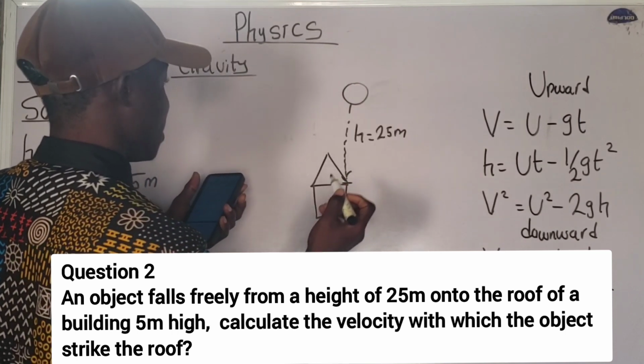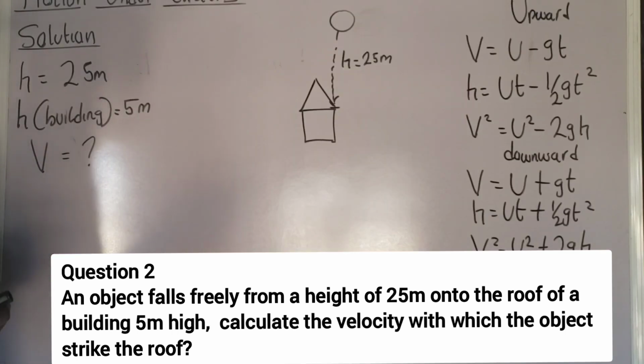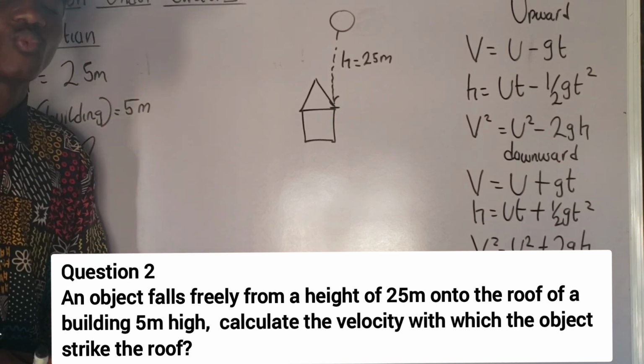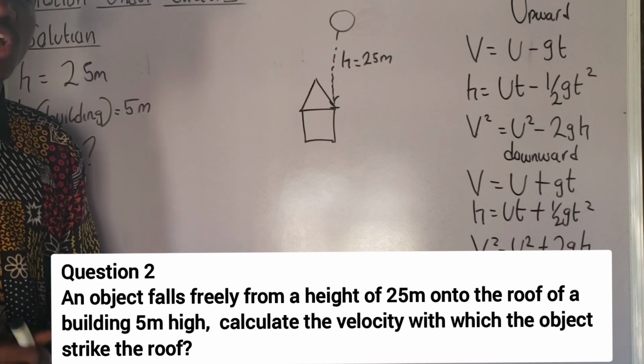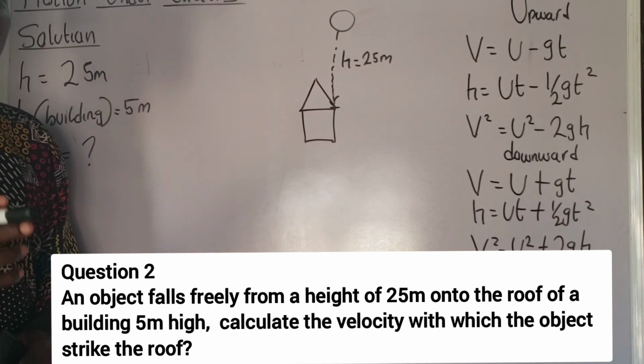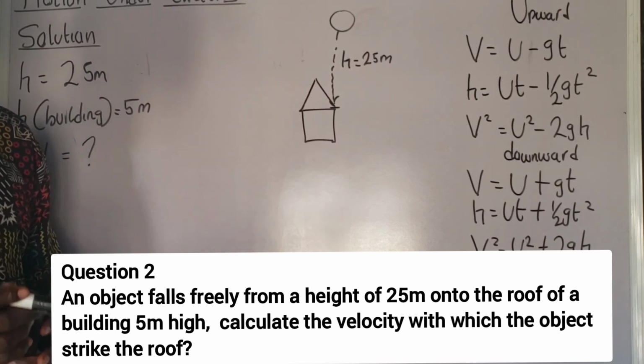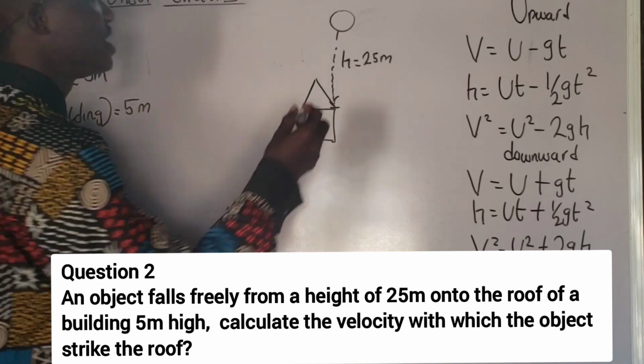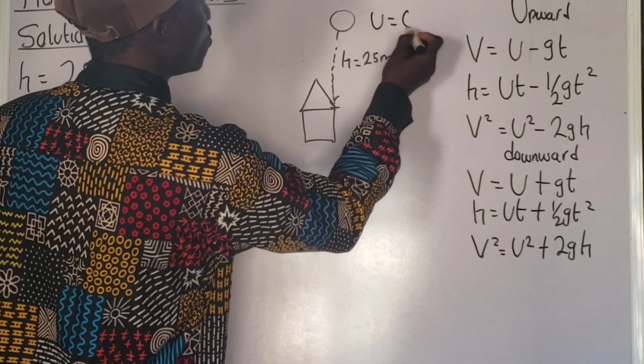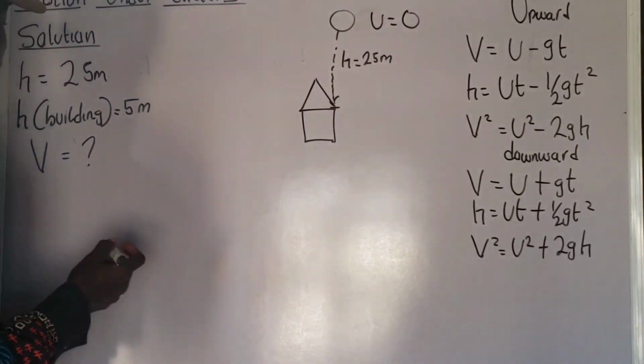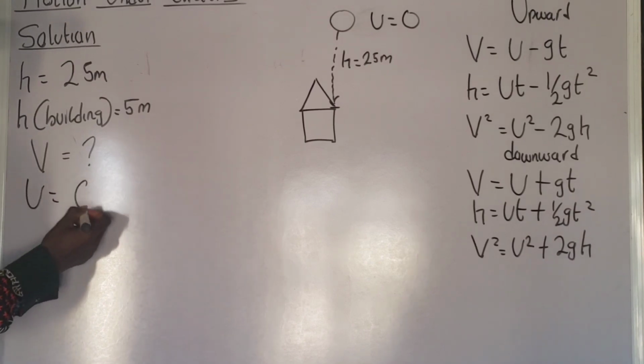Don't forget, in our previous class, I told you, when an object is released or falls from a height, the initial velocity of that object is 0. So the initial velocity of this object, u, equals 0.